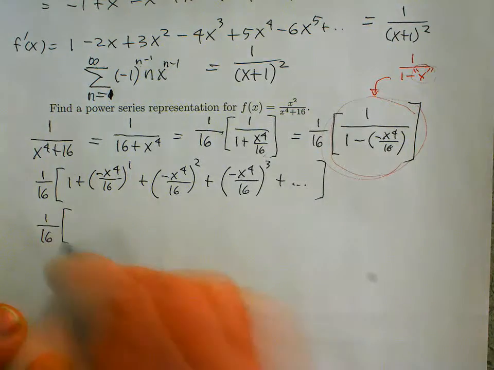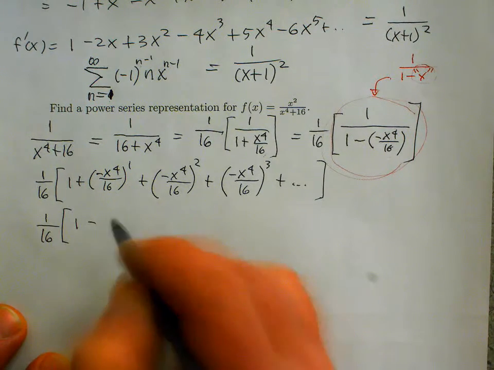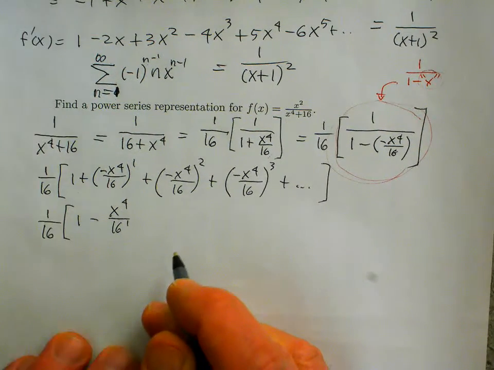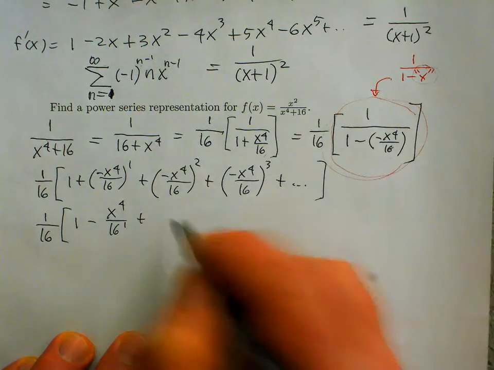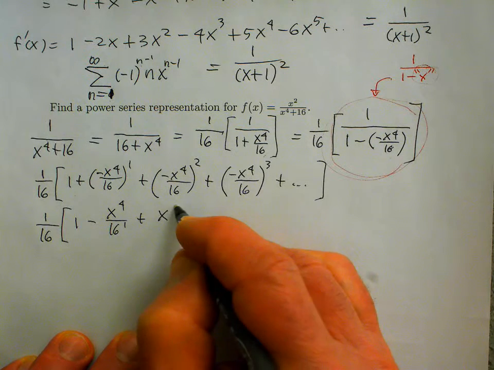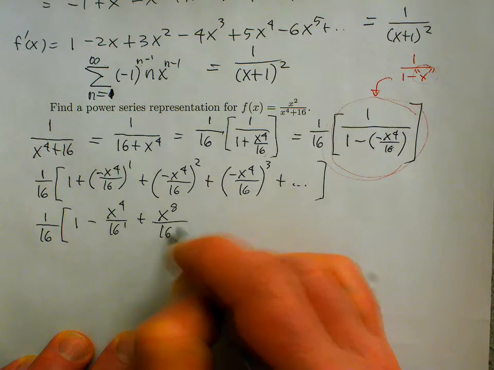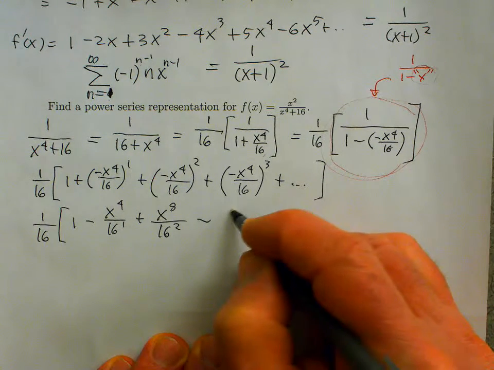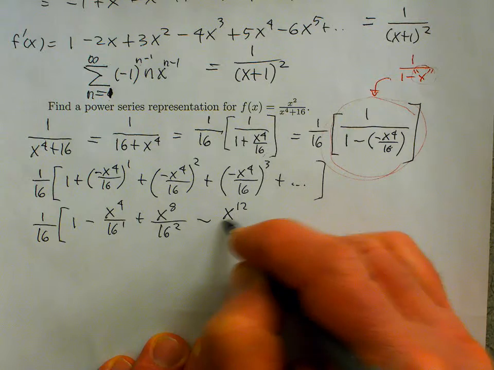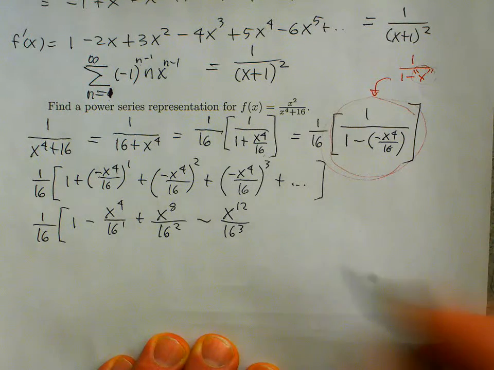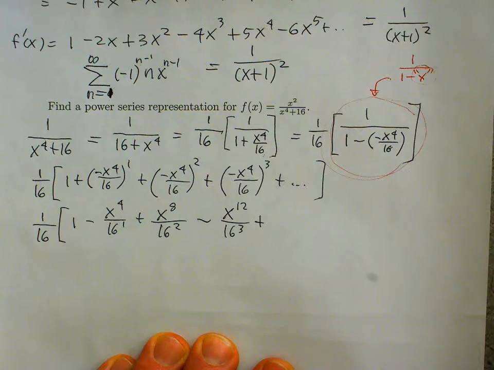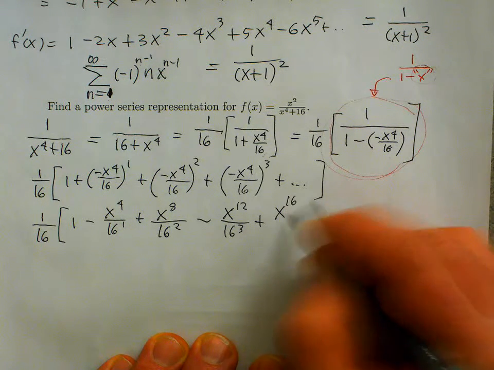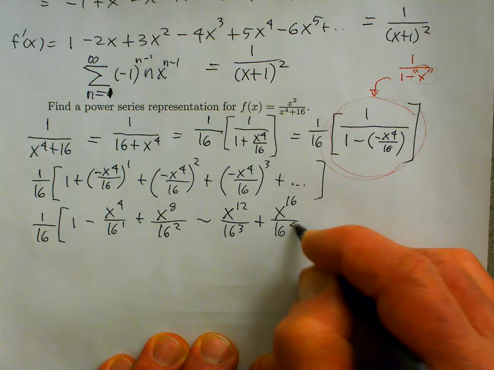So inside the brackets, we'll write 1 minus x to the 4th over 16 to the 1st, and then plus x to the 8th over 16 to the 2nd, and then minus x to the 12th over 16 to the 3rd, and so on. The next one would be plus x to the 16th over 16 to the 4th.